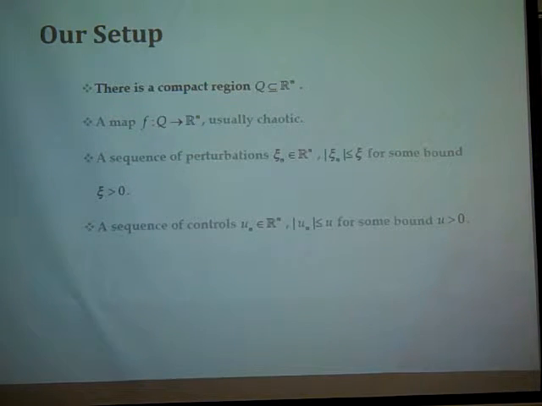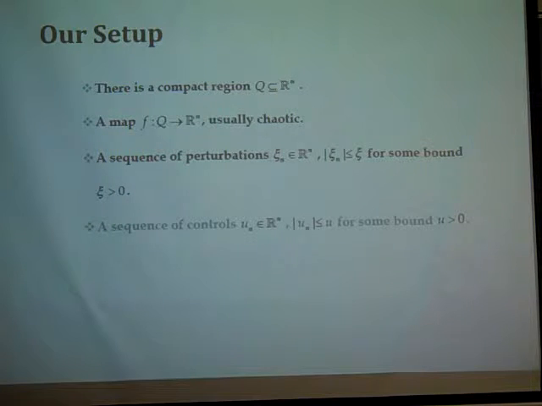There is some compact region Q, and there is a map from Q to R^n. After each iterate, a perturbation will be added, which I am denoting by the Greek letter ξ, and it's bounded by a fixed constant C greater than 0.